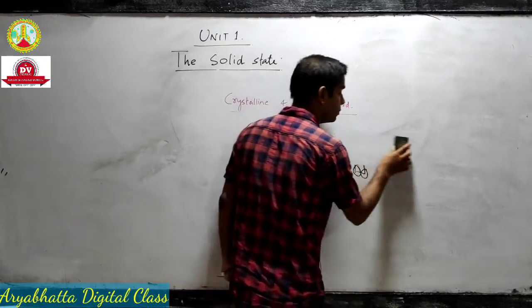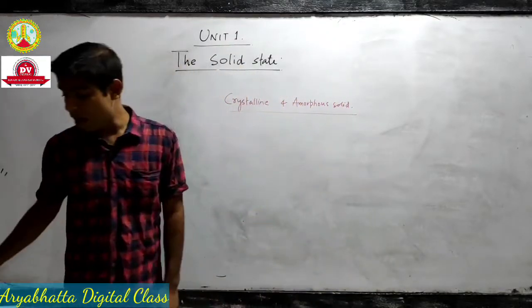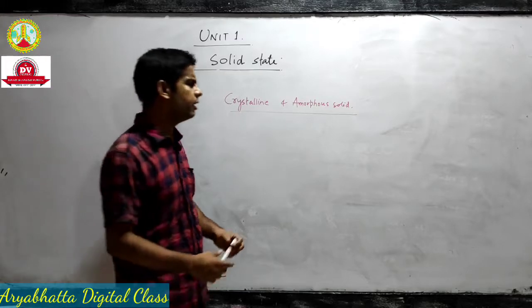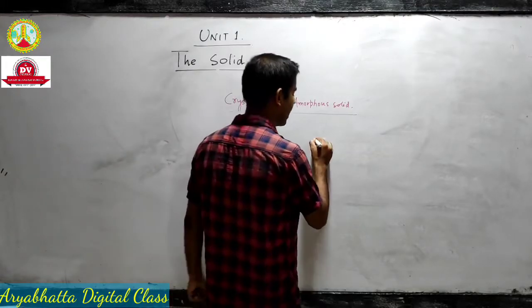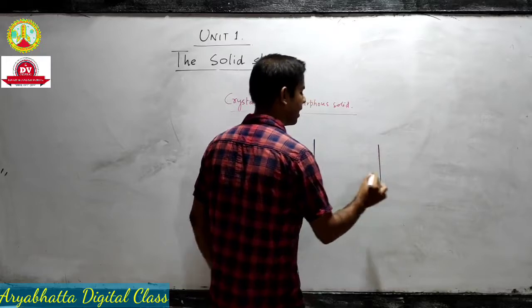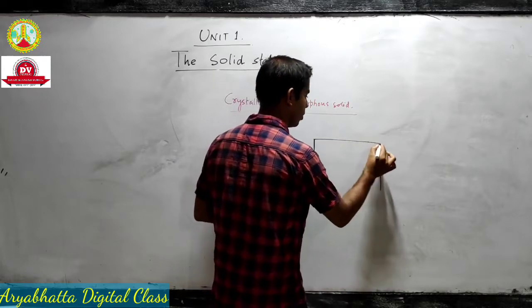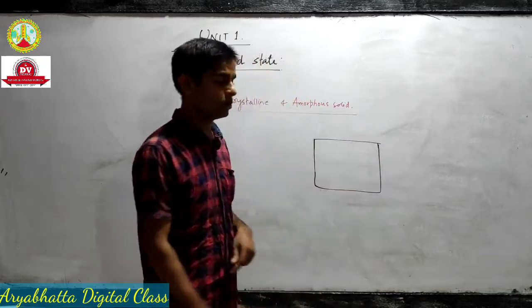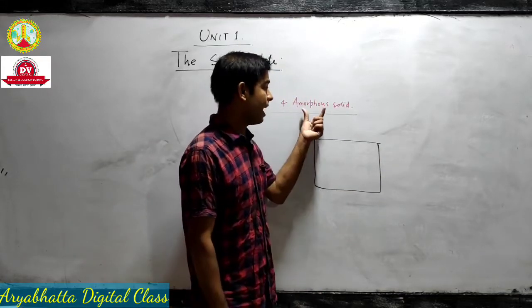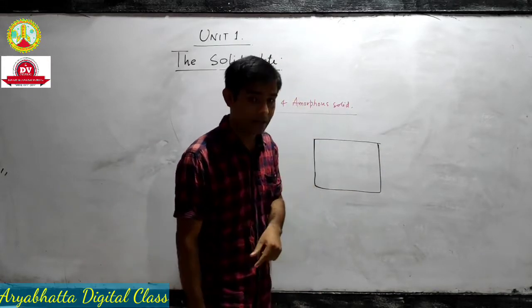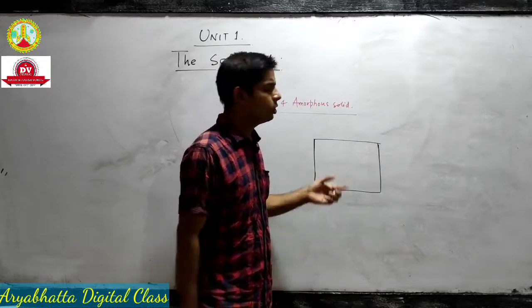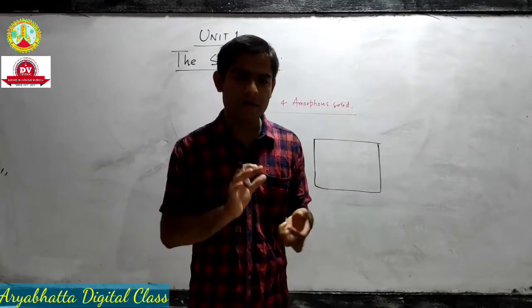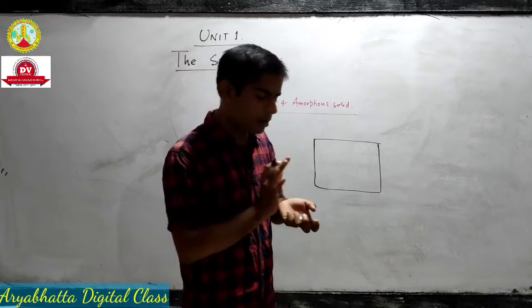Now what is an amorphous solid? How is it different from a crystalline solid? Let us take the same example: I have some cricket balls and a box. Since it is a solid and not a gas or liquid, the molecules must stay very close, with minimum intermolecular spacing.